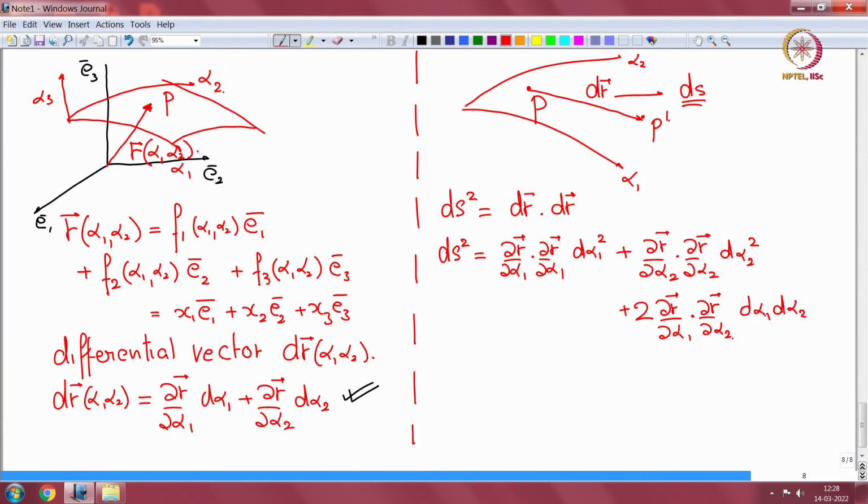We'll give this the symbol E, this the symbol F, and this the symbol G. So this is called the first fundamental form.